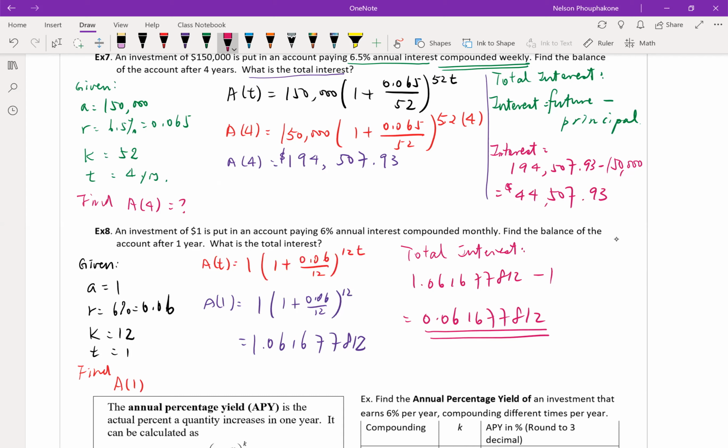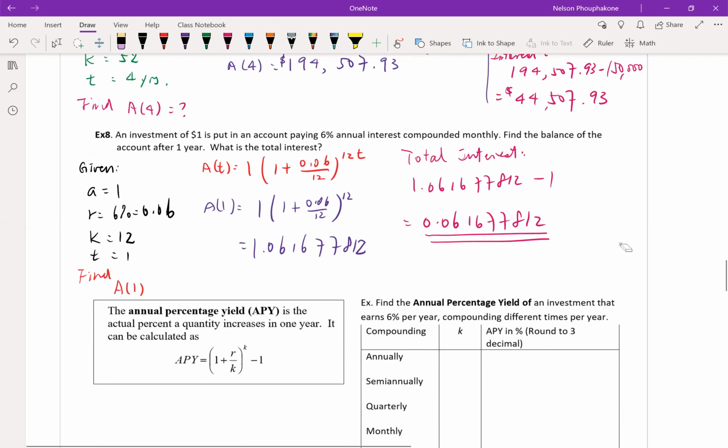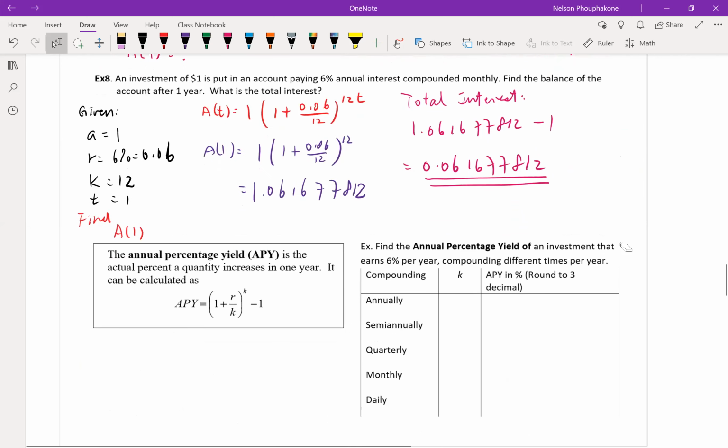And then if you put down $100, then you will have $6.17, and so on and so forth. So it's kind of like a ratio here. So in this case, this is telling you the percentage that you earn over 1 year if you put it in this account right here. This is the idea about the annual percentage yield.